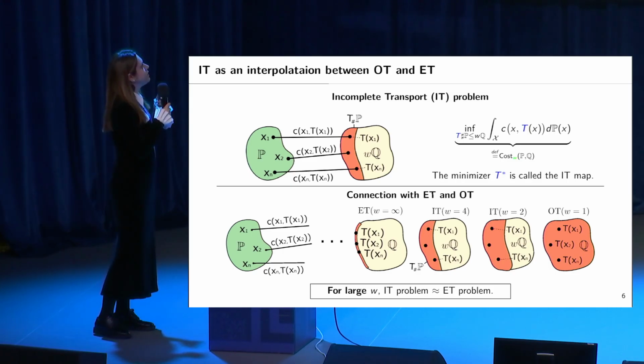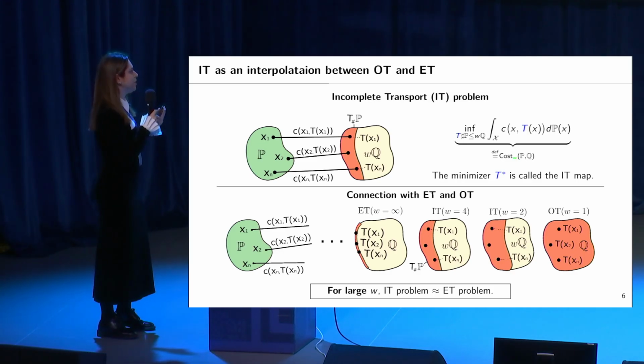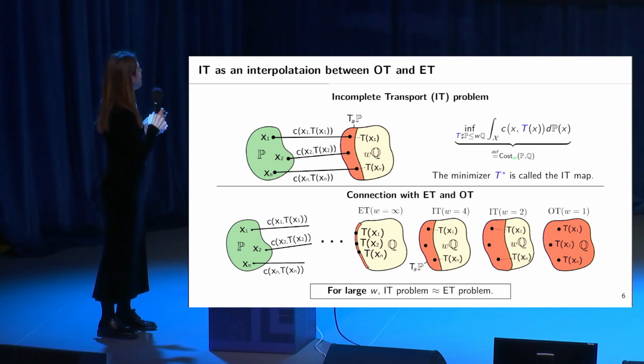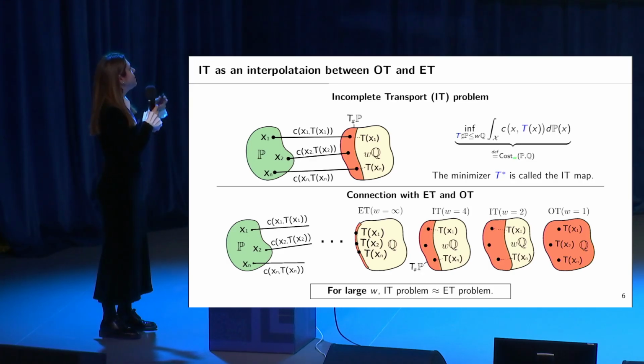What is interesting is that this incomplete transport problem, which is also a particular case of the widely used partial optimal transport, can be used as an interpolation between extremal transport and optimal transport.